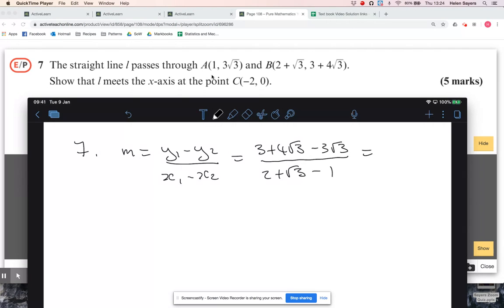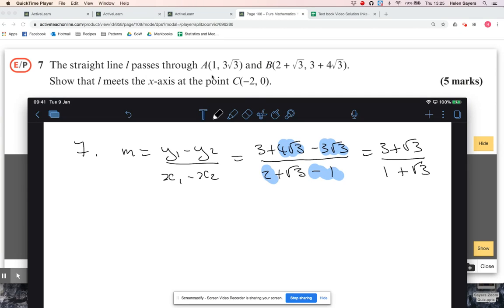Okay, so that's not so bad. So the 4 root 3 minus the 3 root 3 is just root 3. So that will be the first 3 plus root 3. And then on the denominator, I've got the 1 take away 1. So the integer part will just be 1. And then I've got plus root 3.